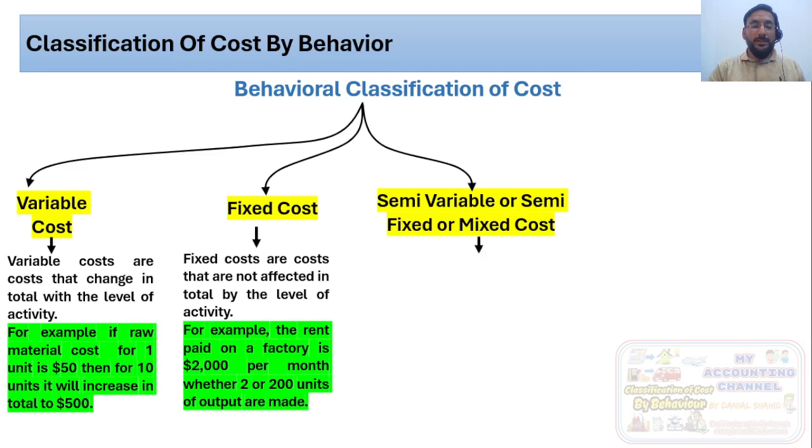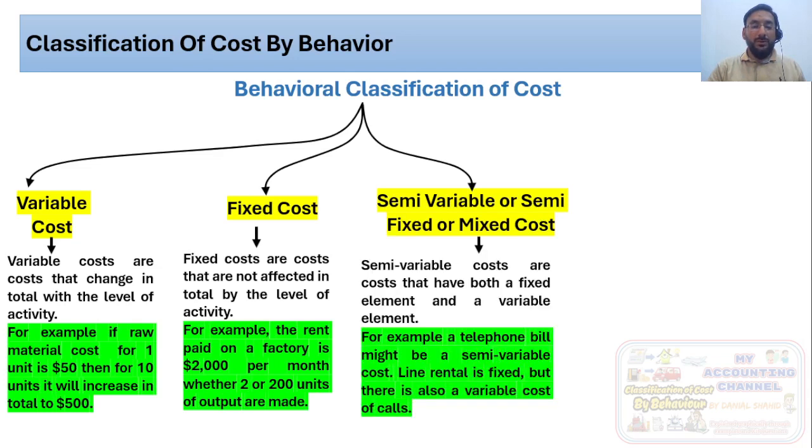So the third category is semi-variable, semi-fixed or mixed cost that contains both a fixed element and a variable element of cost. The example is a telephone bill. The semi-variable cost includes a line rental which is fixed and a variable cost for the calls.